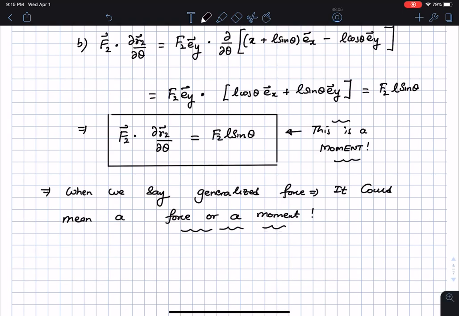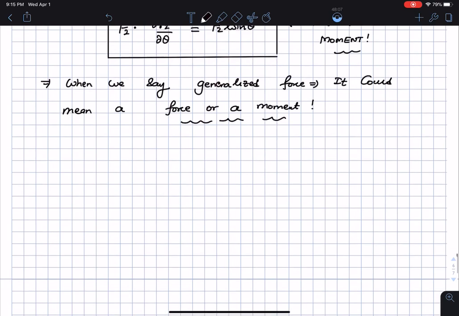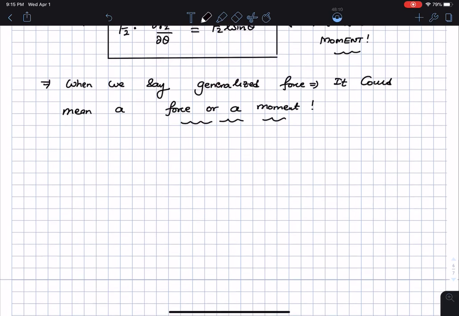Okay, and we have other things going on. Now I look at the third one. So this is the damping force Fd. Okay, so if I look at Fd dotted with dr3 dot by dx dot, this is going to be minus c times x dot ex dot product with d by dx dot of r3 dot, which means that I have to take the time derivative of r3.